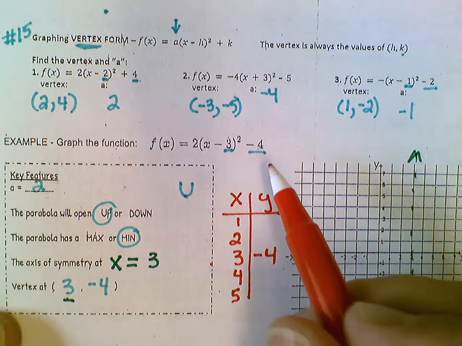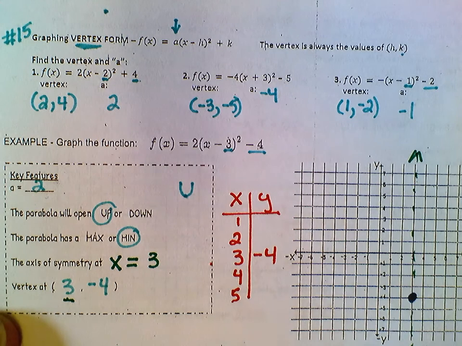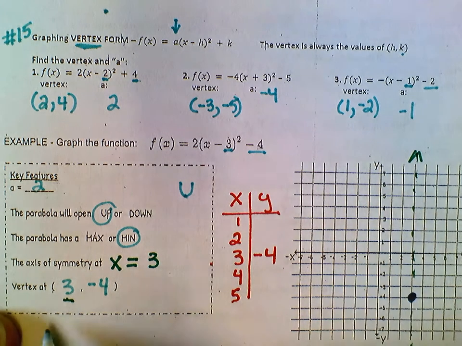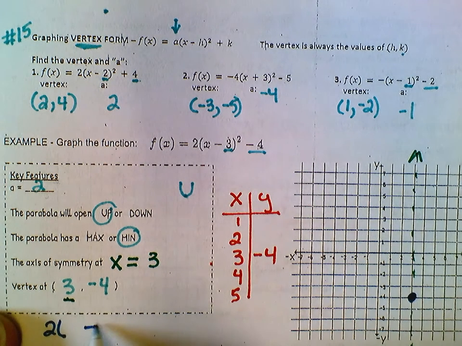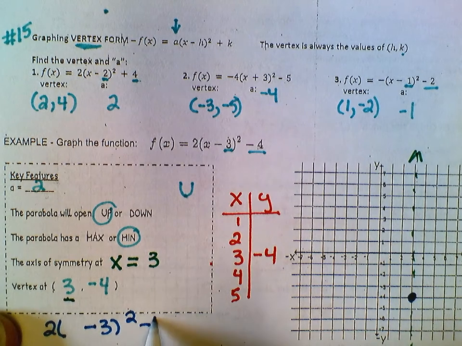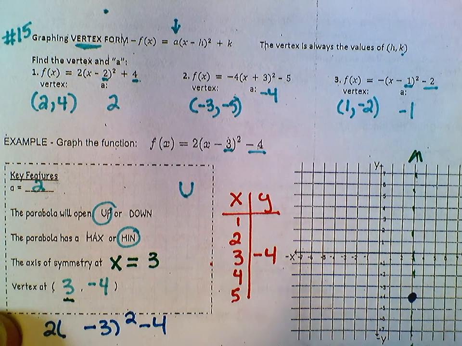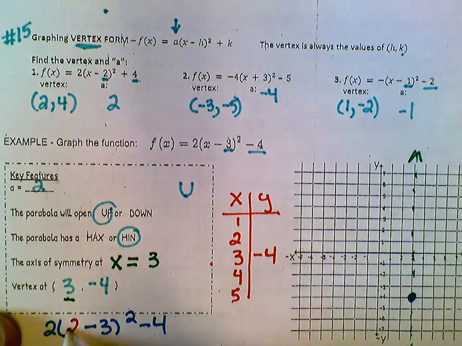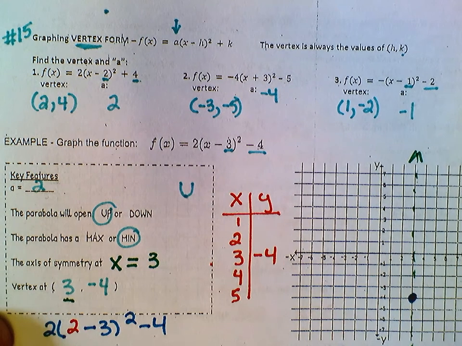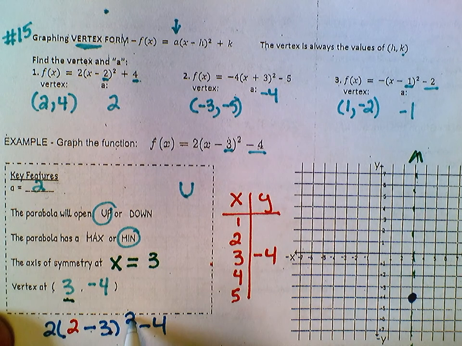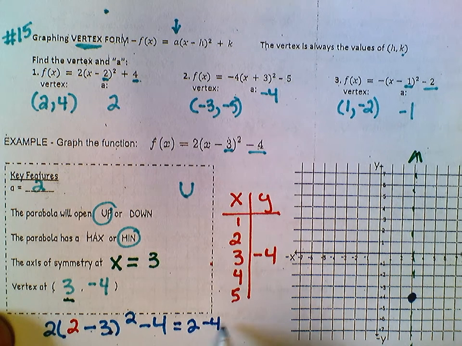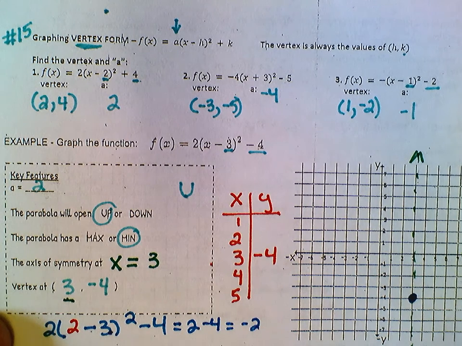So if I substitute these values into my equation, I have 2 times x minus 3 squared minus 4, and I'm going to go ahead and substitute the 2 first. So 2 minus 3 is -1. -1 squared is +1, and 1 times 2 is 2, minus 4 is -2.